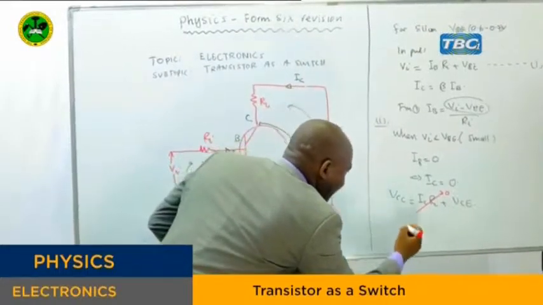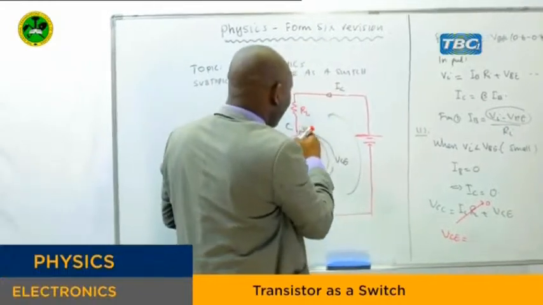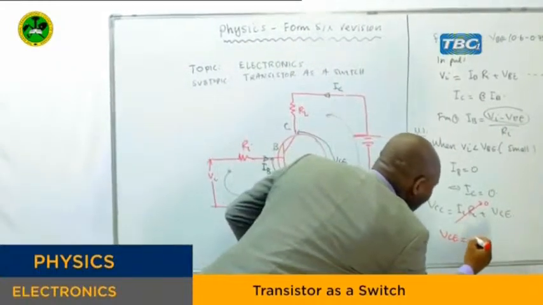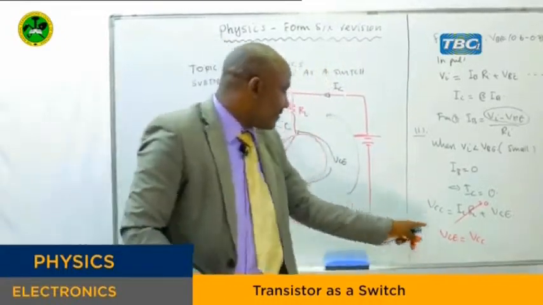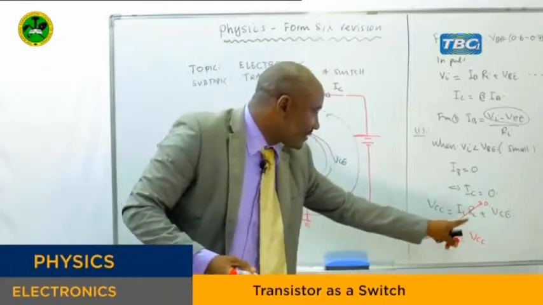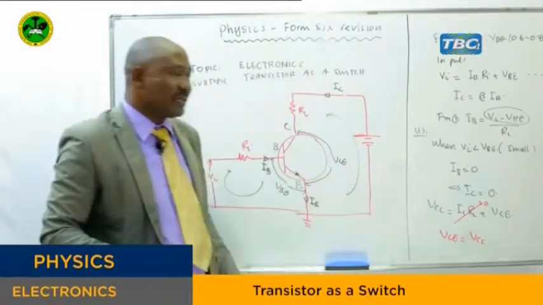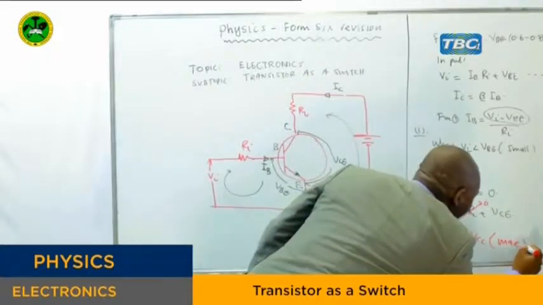As a result, the VCE, which we now take as the output, equals the maximum, equals the supply voltage. That means the VCE, the output, is approaching the supply voltage. We say this is the maximum voltage.